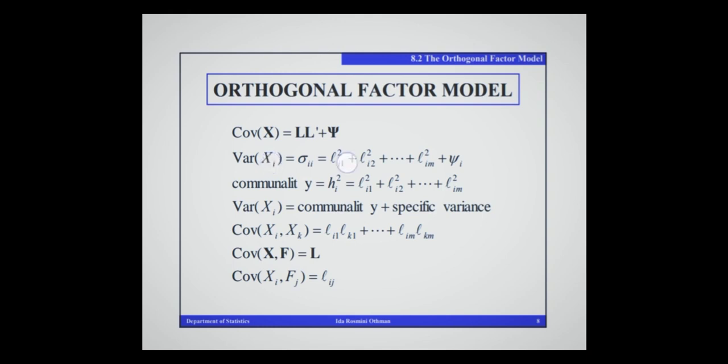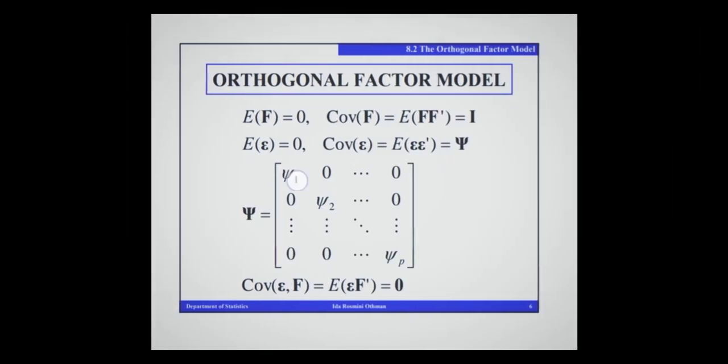Also, the new info for you, we also can find the variance of X using the factor loading, which is you add up all the square value of factor loading, sehingga M tambah dengan psi I, which is the element dalam diagonal matrix tadi kat sini.